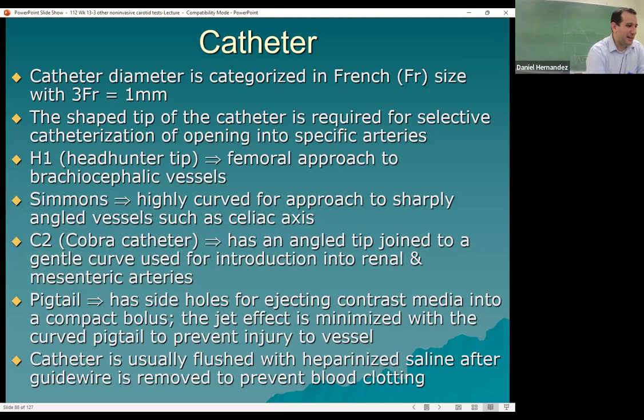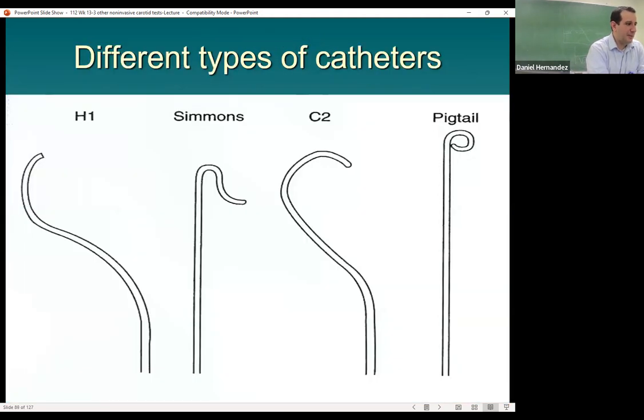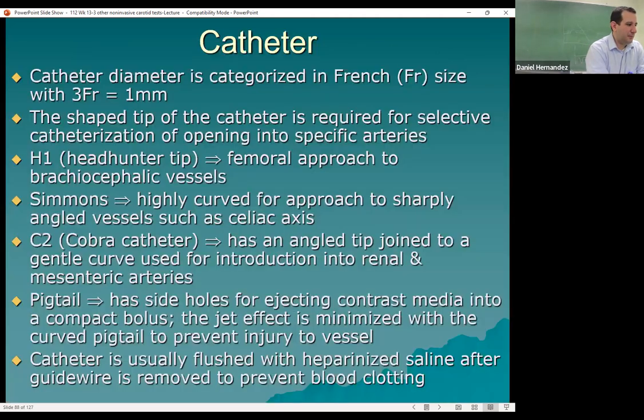There are different types of catheters, depending on what the tip looks like. These catheters can remain within the vessel, which prevents us from having to repuncture and allows procedures to be done.